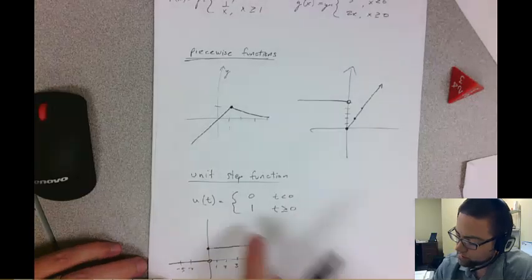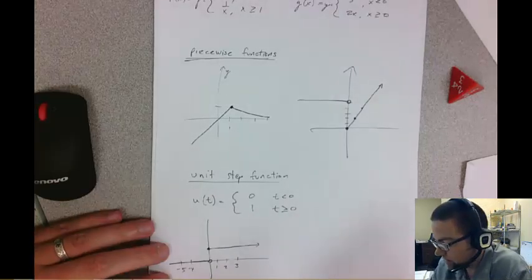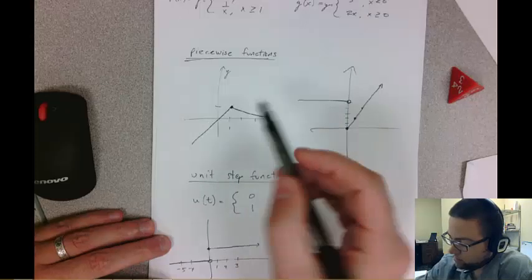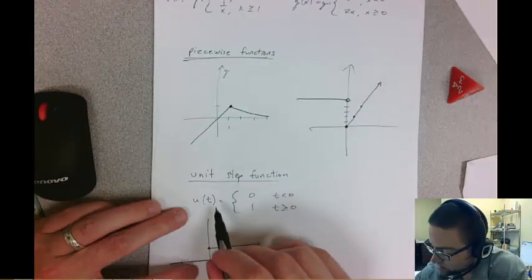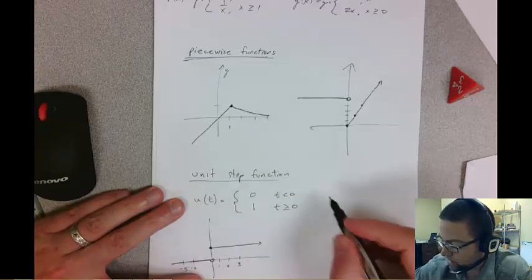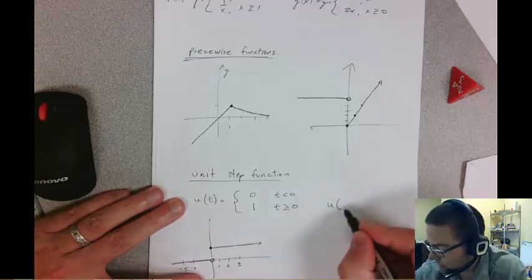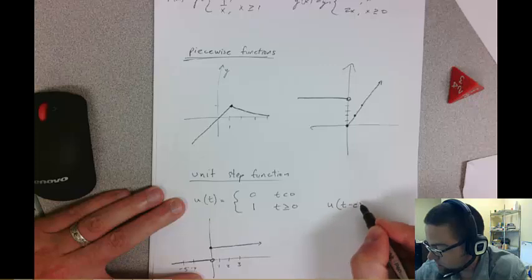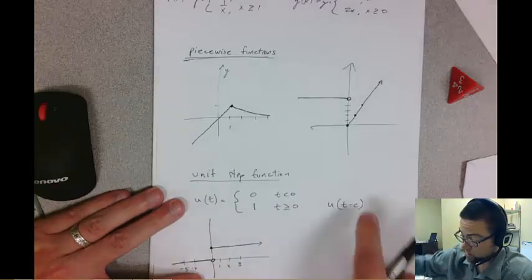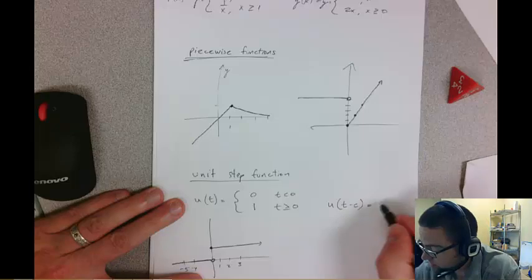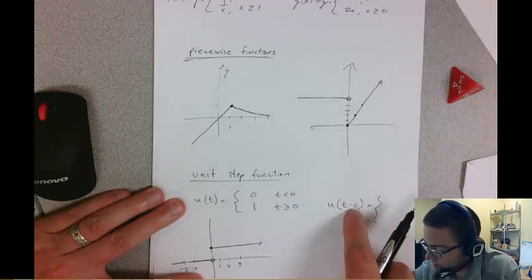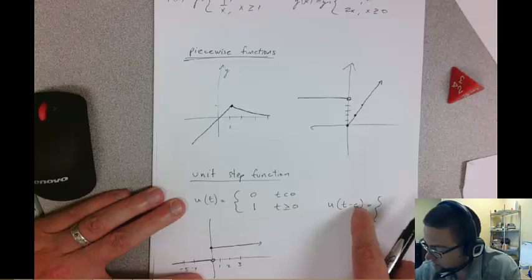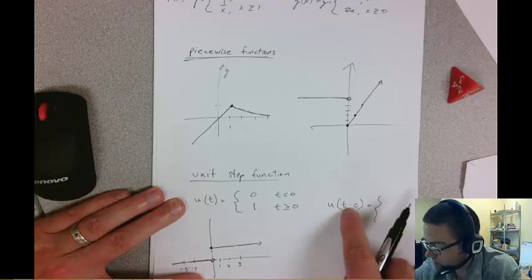This is a very useful function in defining piecewise functions, because sometimes we want to turn things on at a certain time. We can shift the time over by saying u of t minus c, right? So this kind of shifts the time over. When t is equal to c, then you get u of 0, because c minus c would be 0.